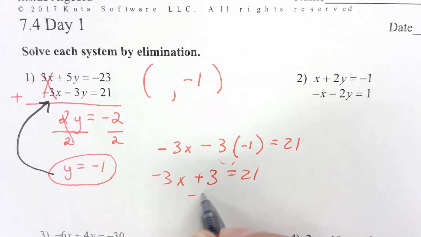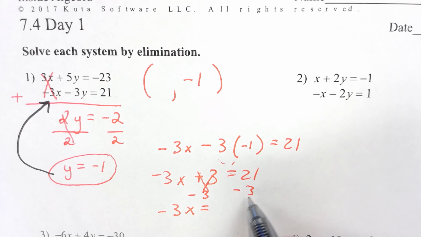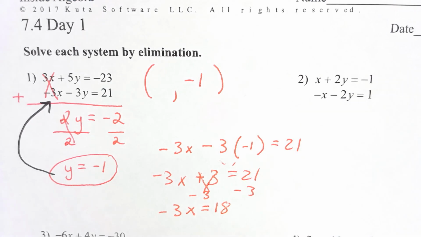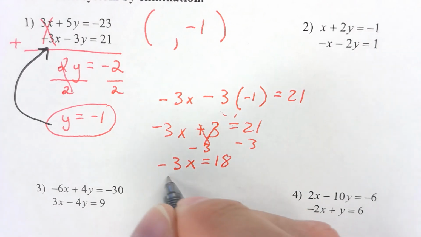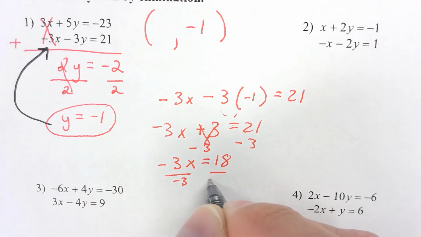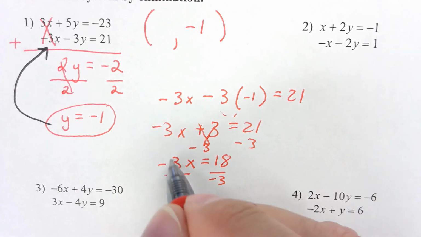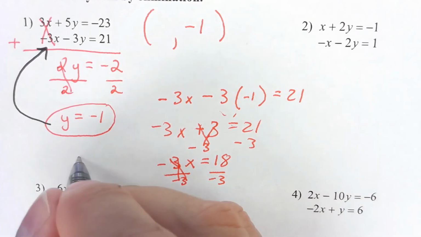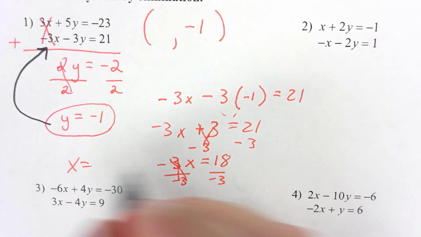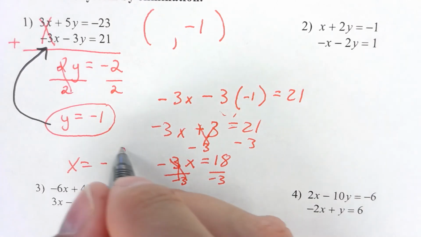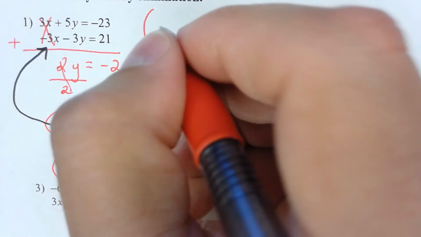So I subtract 3 to bring in the opposite. I'm left with negative 3x equals 21 minus 3, 18. Divide by negative 3. I can see what I'm left with is an x equaling 18 divided by negative 3, negative 6. So there's my x.